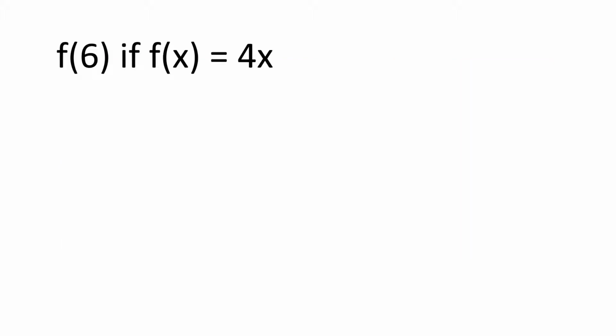Now, this problem is a little bit more complicated. I'm going to show you how to read this. This problem reads f of 6, that's how you read parentheses, if f of x equals 4x. That looks complicated. It's really not. It's just a simplified version of those framed problems we did before.